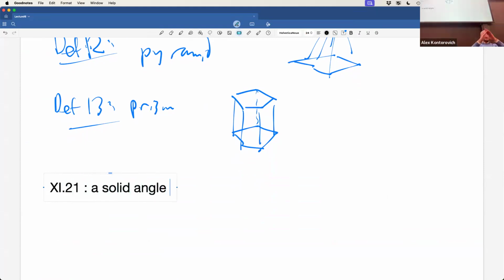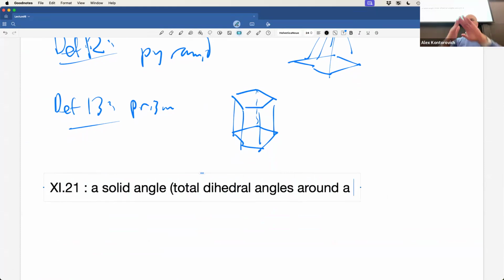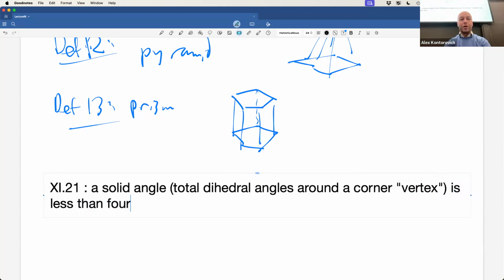You have a bunch of things coming together to a corner, what we would call a vertex. I'm trying to throw in some mathematical nomenclature so that you're exposed to it. I'm not quizzing you on vocabulary right now. A solid angle is always less than 4 right angles.